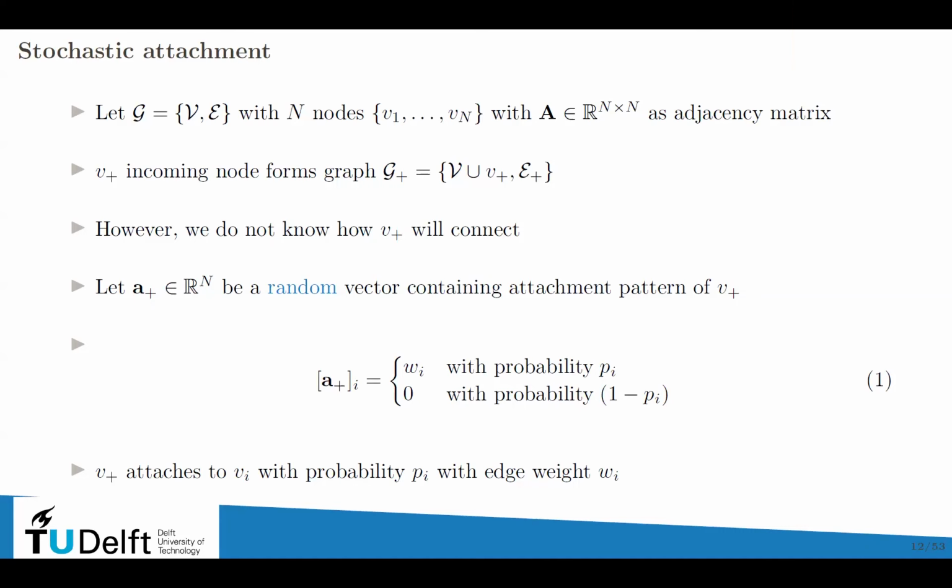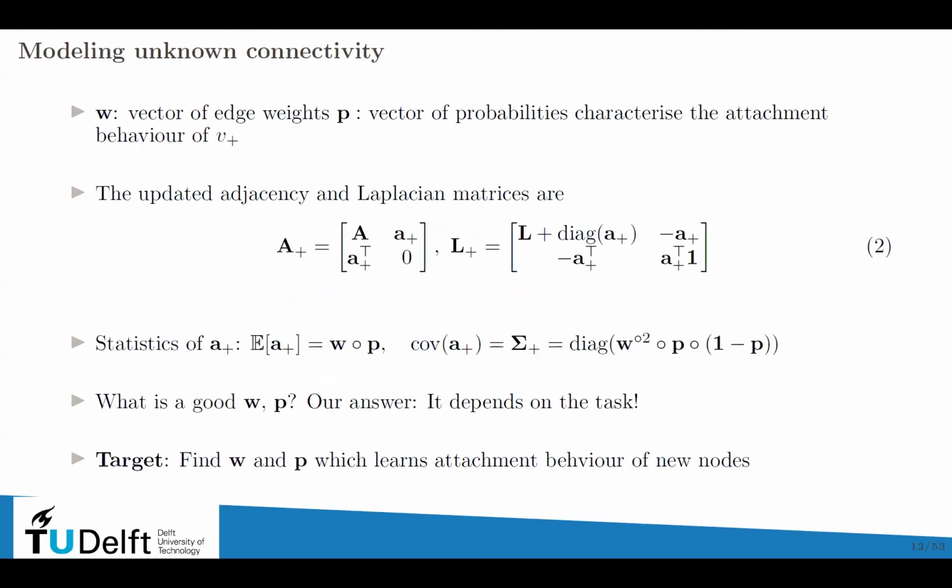This P and W dictate how your new node connects with the graph, right? And you collect them in these weight and probability vectors. And since A plus is random, whenever you sample from it, the updated adjacency and Laplacian matrices are also going to be, well, not fully random, because A is still known, but you have this uncertainty in your system.